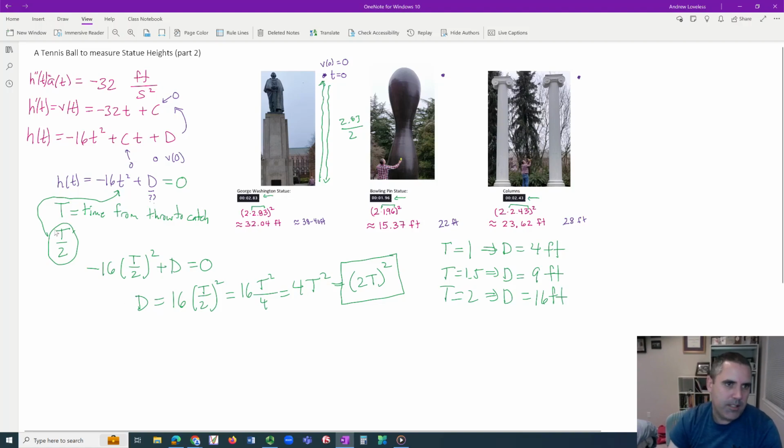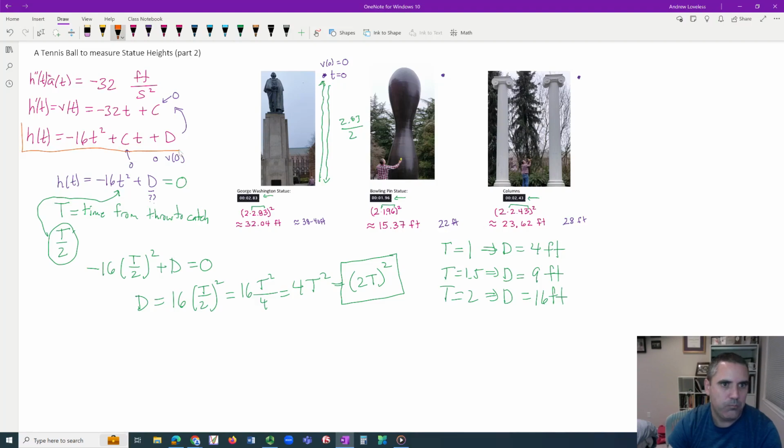Now, what I did to try to make this into a problem I could graph in Desmos is I went back here and I said, okay, what is the velocity at which I hit the ground? So the velocity at which you hit the ground would be the velocity at the same time t over 2, which would be negative 32 t over 2, which would be negative 16t.